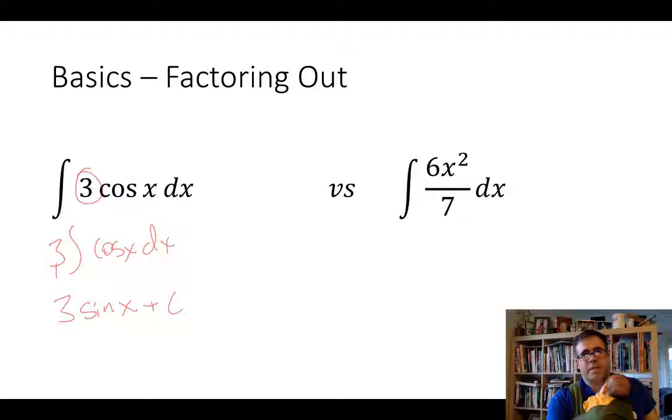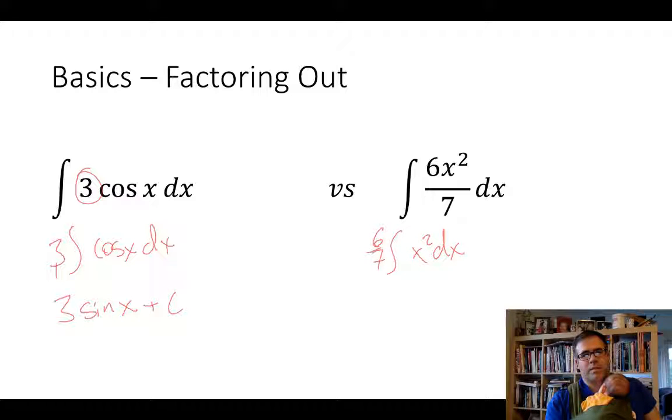Now, that's not to say factoring out doesn't have its uses. Sometimes you might want to do it just to keep everything sorted out and make sure you don't forget anything, right? So here we've got a fraction. And as soon as we've got fractions, sometimes they can get kind of complicated. You don't know what might cancel out, all that other stuff. So we're going to factor out that fraction. So this becomes 6/7 integral of x squared dx.